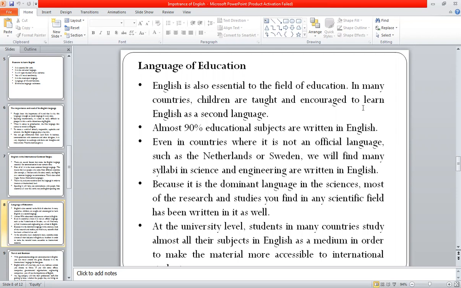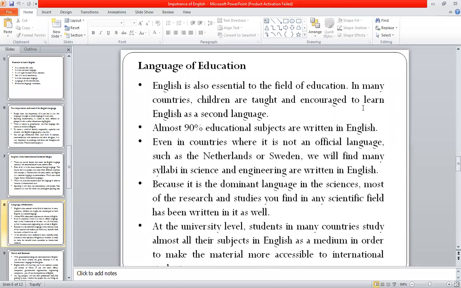Some of you might have studied in Marathi medium, but many of the students have English as a medium of education throughout their primary, secondary and higher secondary education. So that's why this language becomes the important language for education.